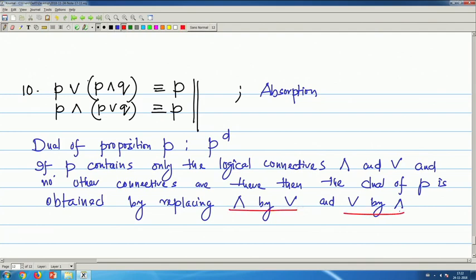Please note that here there is no negation concerned, because my proposition contains only the connectives and and or.